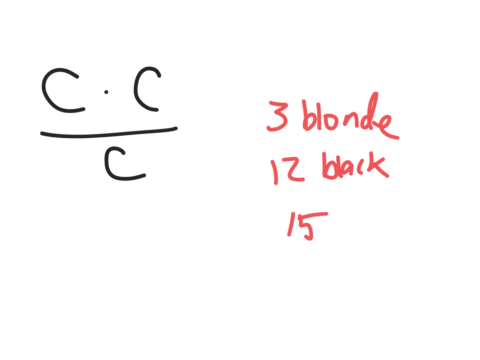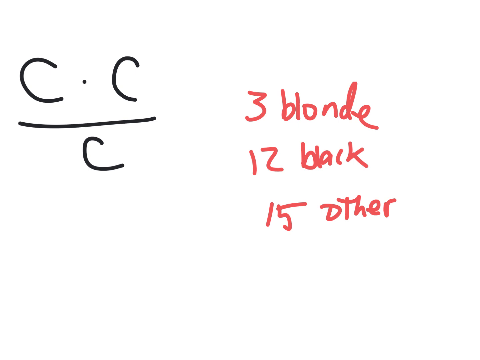And there's about 15 of you that have what I would say isn't blonde or black. Something else. Could be red. Could be some shade of blonde, but not quite blonde enough to call it blonde. I mean, it's really hard, especially with blonde, to judge whether a person is really blonde or just has light brown hair or whatever. Okay, so here's our numbers.